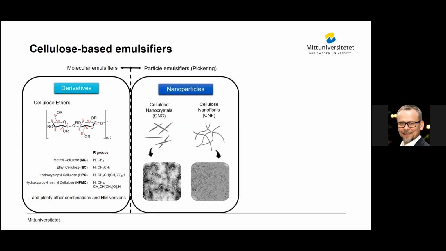And you can also actually use cellulose in other forms if you go into particle emulsifiers. The first ones I mentioned are the molecular emulsifiers, the polymeric ones. But you can have solid particle emulsifiers also, and then you go into a special class of emulsions, the Pickering emulsions, that are named after the discoverer of these ones.